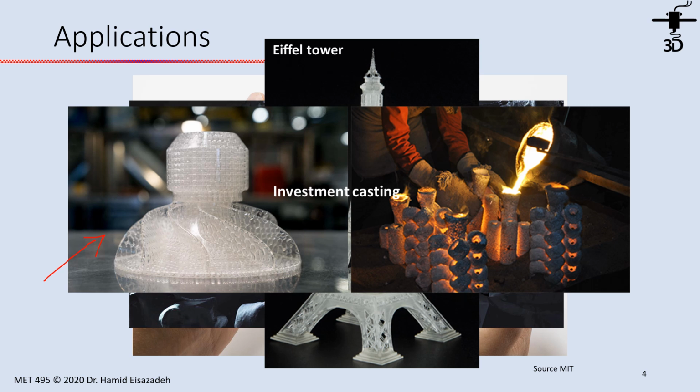As you see, it gives you a very high surface finish relative to some other methods. The second reason is that it has a very low infill density, which is useful when the part is going to be dissolved before the molten metal is poured into the ceramic, right? This is the casting process. So the metal is going to be poured into that mold.